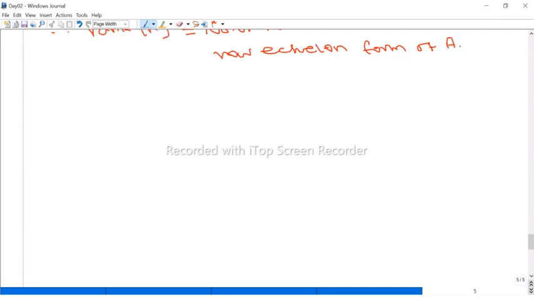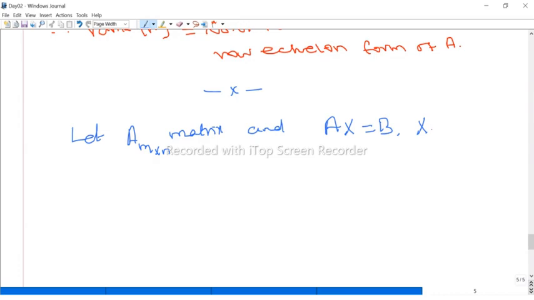Let A be an m by n matrix, and consider the system of equations, the matrix equation Ax equal to B, where x is an n by 1 column vector and B is m by 1.